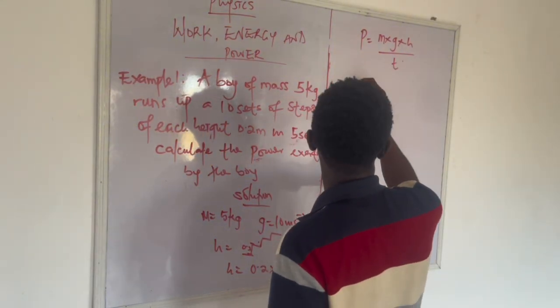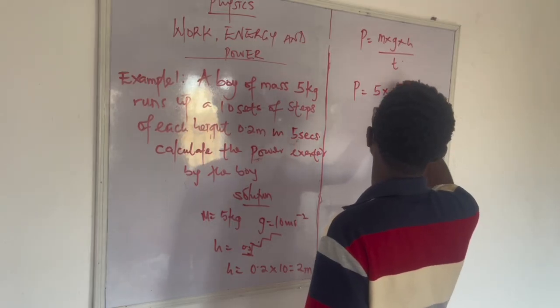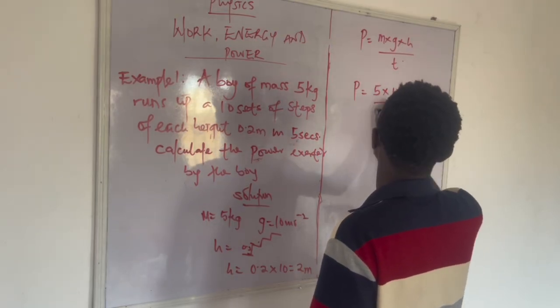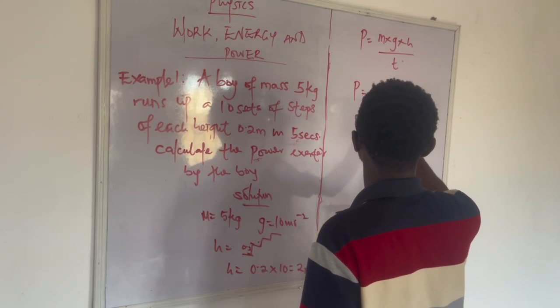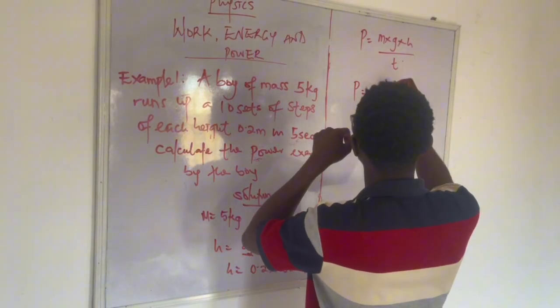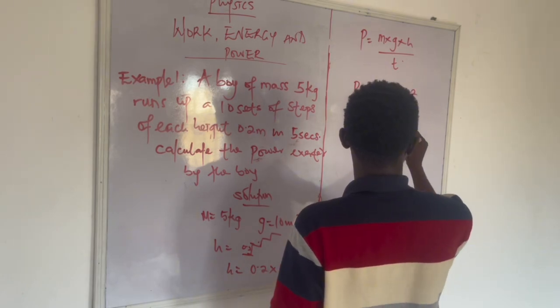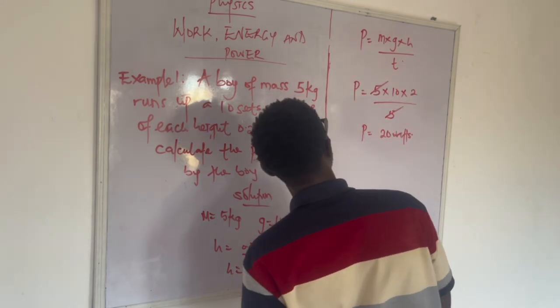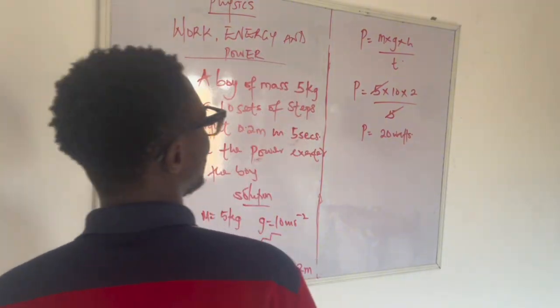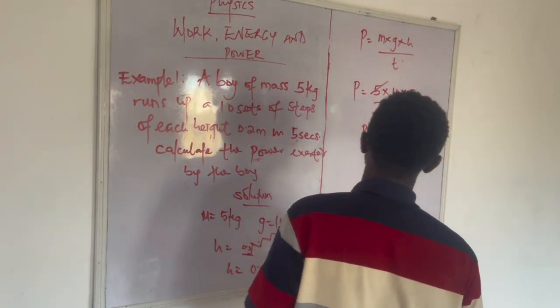So power equals 5 times 10 times 2 over 5, because it said in 5 seconds. 5 cancels 5, so the power equals 20 watts.